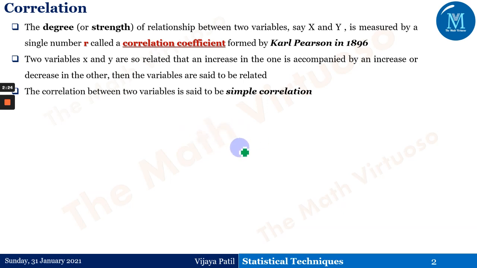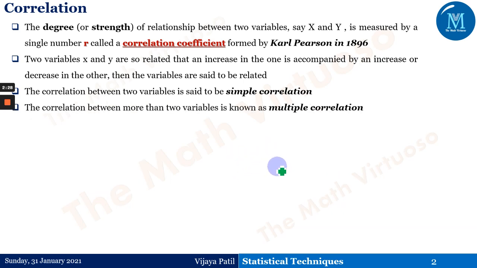The correlation between two variables is said to be simple, whereas the correlation between more than two variables is known as multiple correlation.